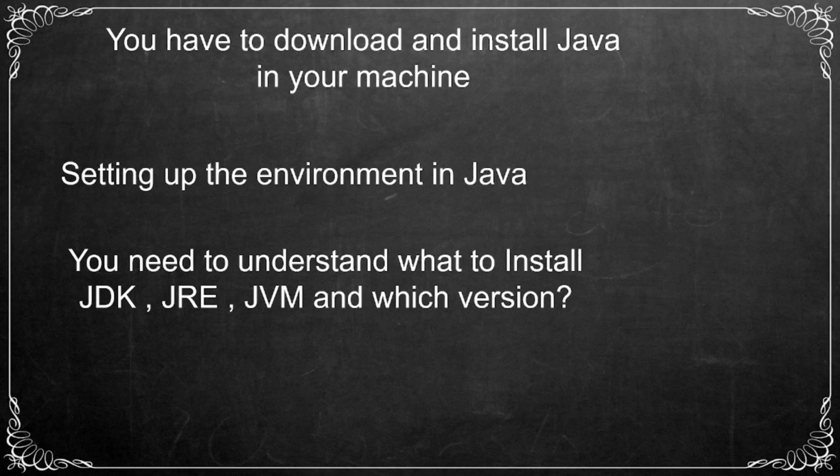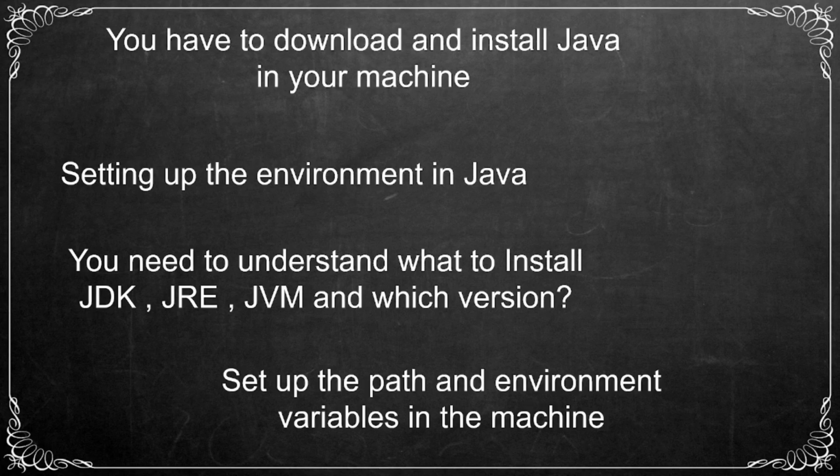JDK stands for Java Development Kit, which provides all the required tools, software, underlying libraries and dependencies. JRE stands for Java Runtime Environment, and JVM stands for Java Virtual Machine. Don't worry if you don't know all these abbreviations. In our upcoming videos, I'm going to explain everything about JDK, JRE and JVM.